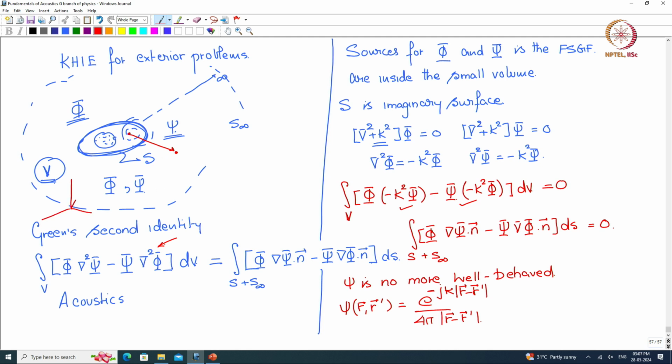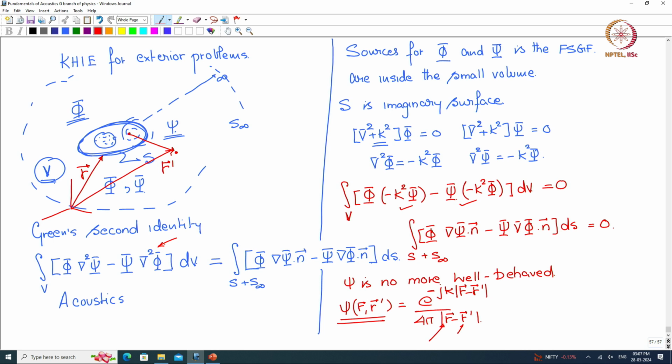One is the integration coordinate r, the other is the location of the singularity which is r dash. So now because r dash is within the volume, when r goes to r dash, psi blows up.